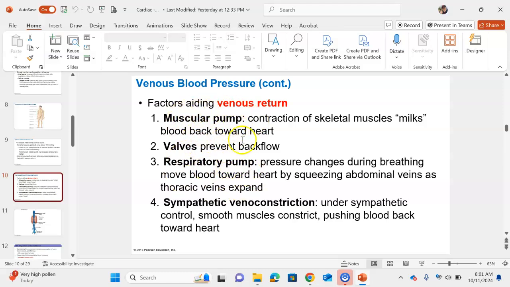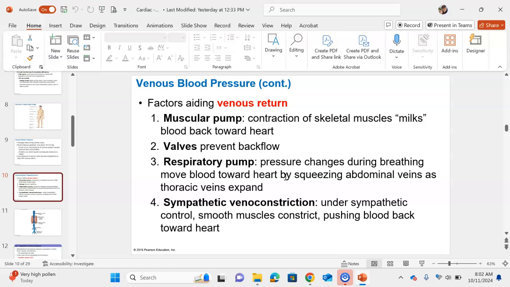So our skeletal muscles are very well vascularized, very rich blood supply. And so as skeletal muscles contract and relax, they again, here we see quotes, and I'm doing air quotes off camera. When skeletal muscles contract and relax, they milk or they pump blood, directing it back towards the heart. And this respiratory pump kind of does the same thing, but it's not direct contraction of muscles.